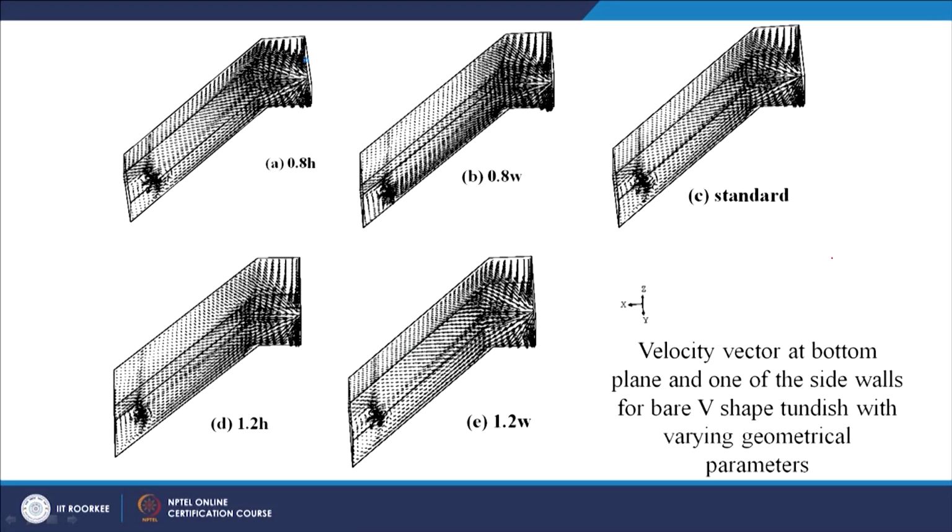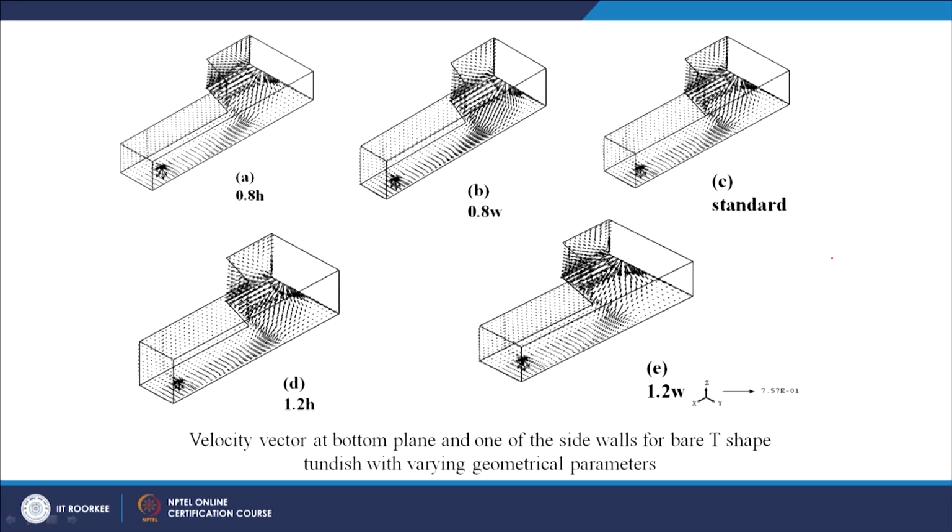Then you have the V shape, also with different dimensions and different flow vectors. And finally this is the T shape. In the T shape also we have changed these sizes, and you can get a feel of these velocity vectors at the different positions.